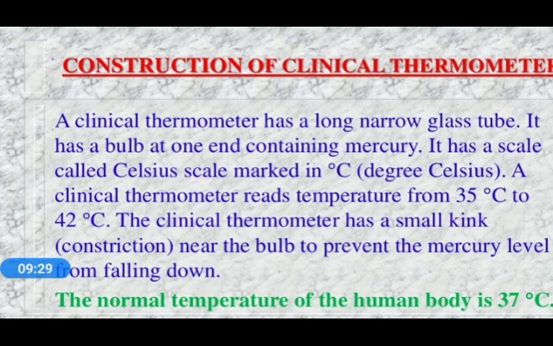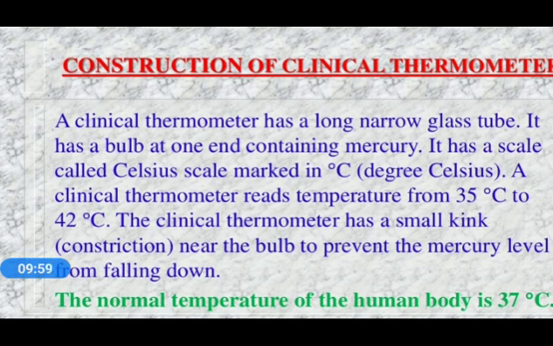A question arises: why is the scale of a clinical thermometer from 35 degrees Celsius to 42 degrees Celsius? The reason behind it is that the body temperature of the human body is 37 degrees Celsius. That means when we are measuring the temperature of the human body, it is already about 37 degrees Celsius.